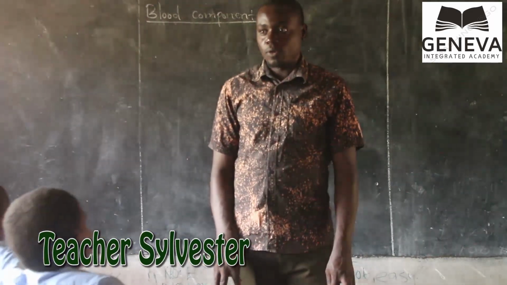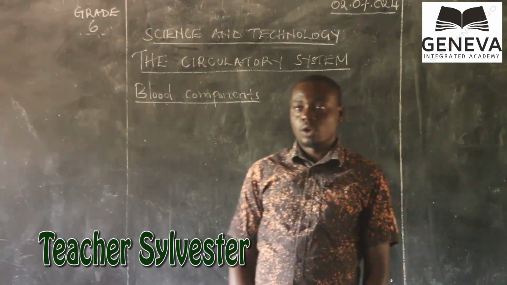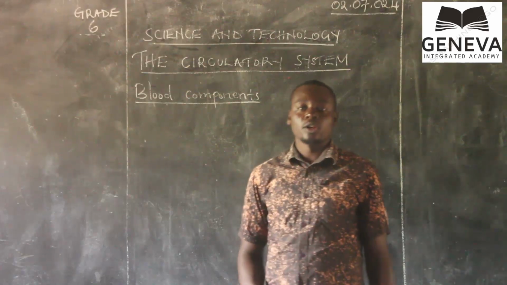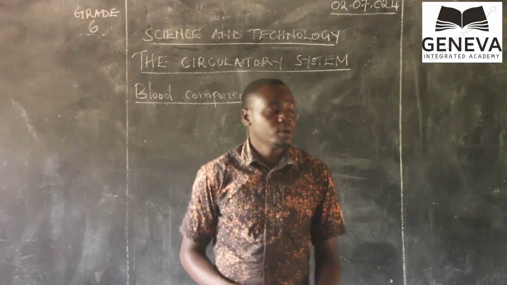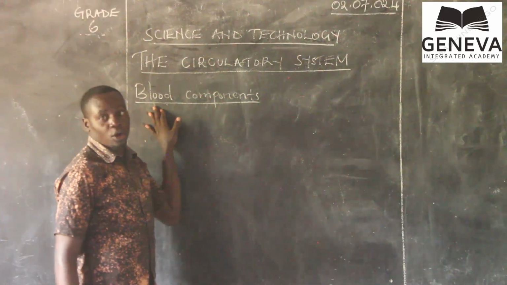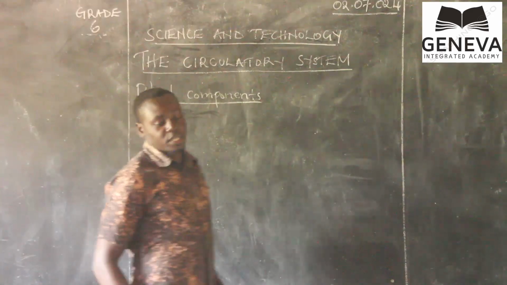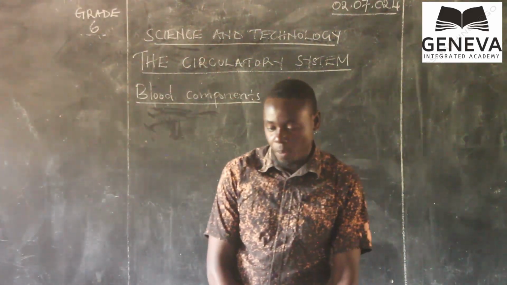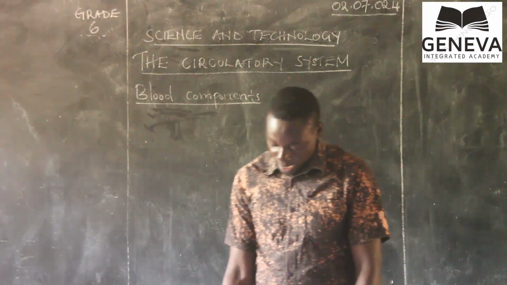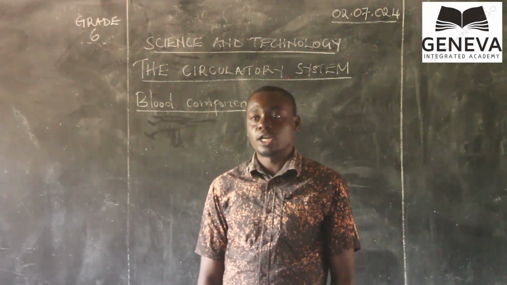Okay, it is time for science and technology. And we are still on the topic, the circulatory system. Today we want to look at blood components. But before that, last time we looked at the types of blood vessels and their functions.